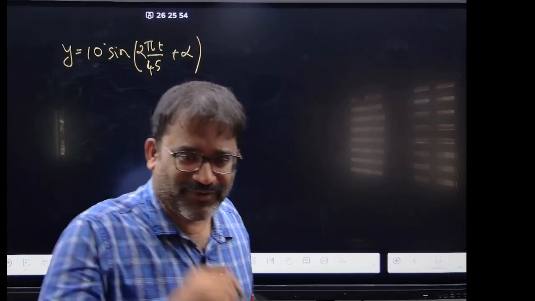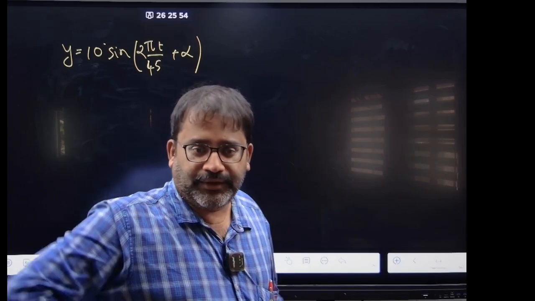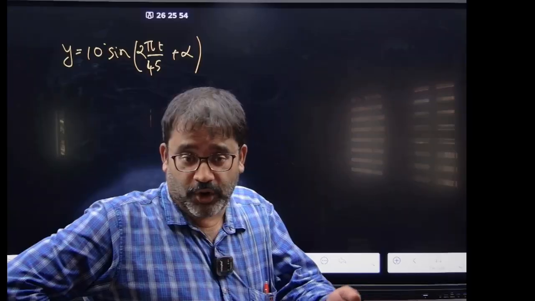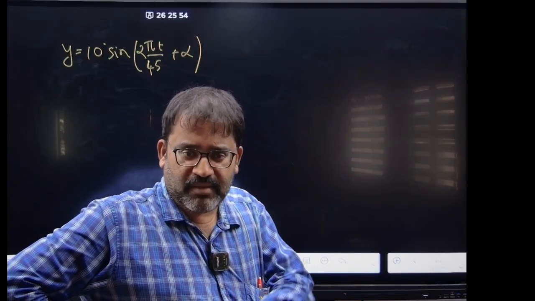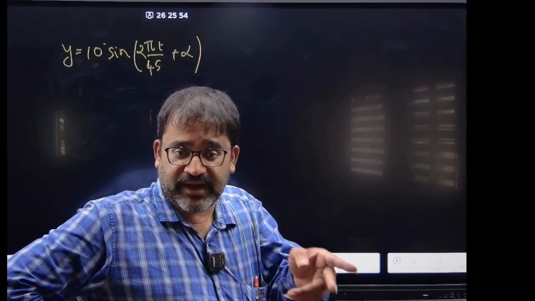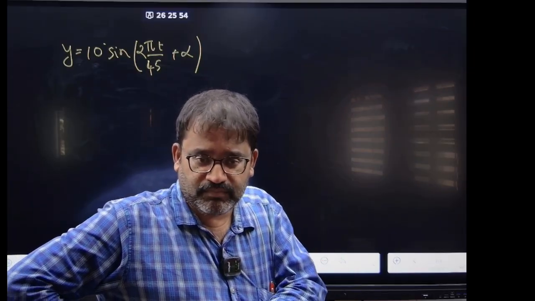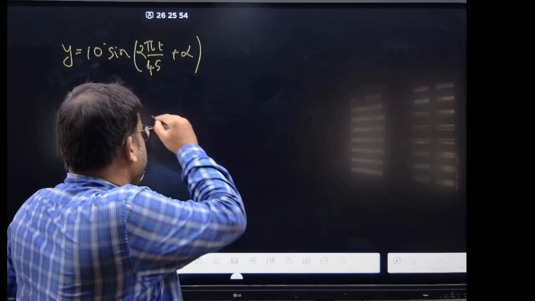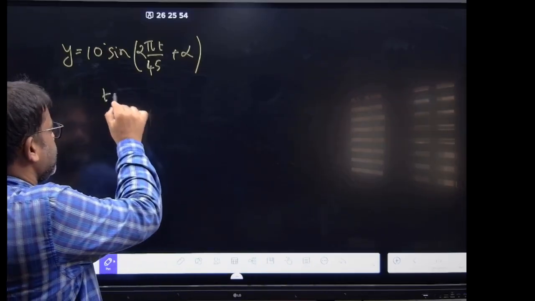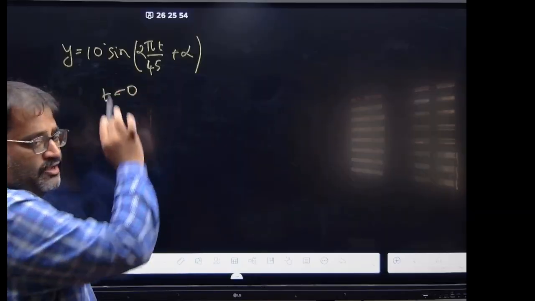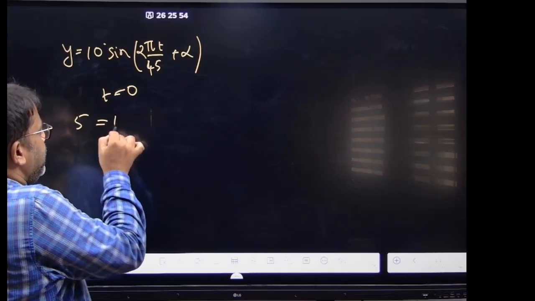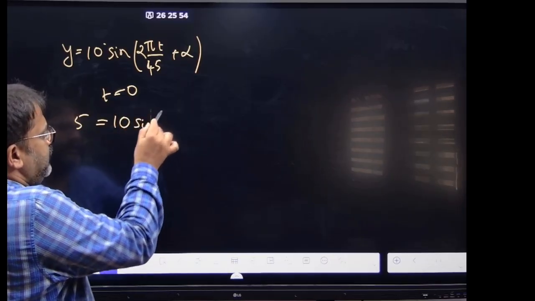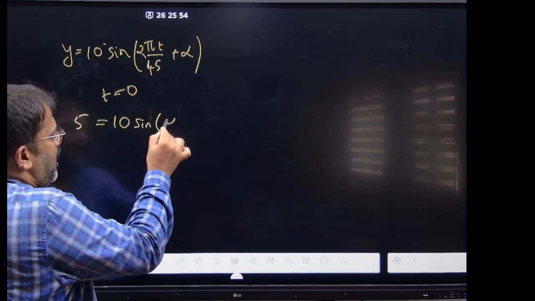How to go for the value now? We have two times put up. One time we don't know, it may be any one of the values given, that is 7.5 seconds. And the second time is t equal to 0. So when I take t equal to 0, this equation becomes 5 equal to 10 sine alpha.